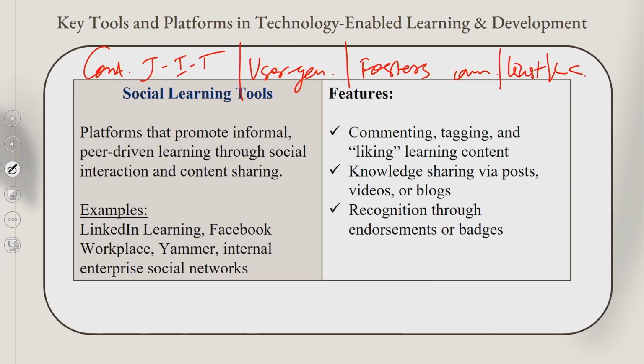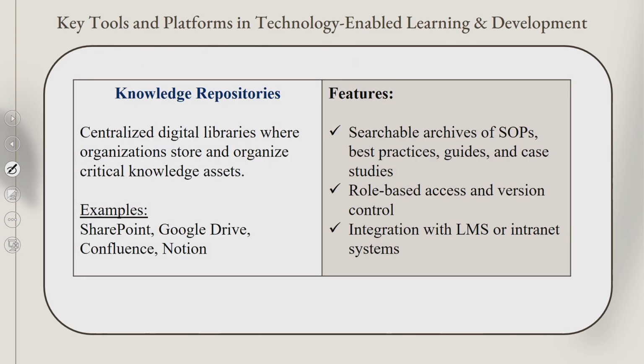Now let's look into the knowledge repositories. Knowledge repositories are nothing but centralized digital libraries where organizations store and organize critical knowledge assets. So you have searchable archives of SOPs, best practices, guides and case studies. You also have role-based access and version control.